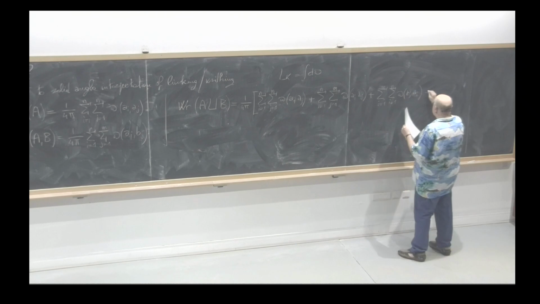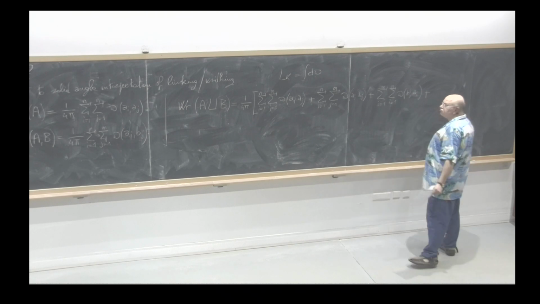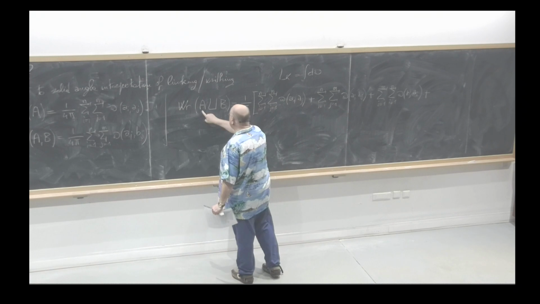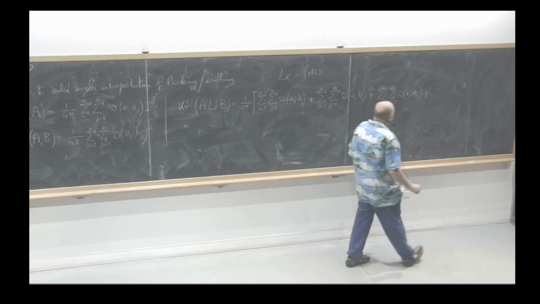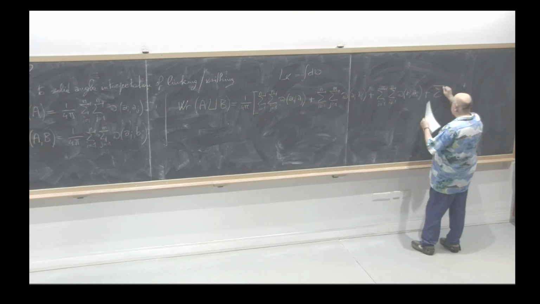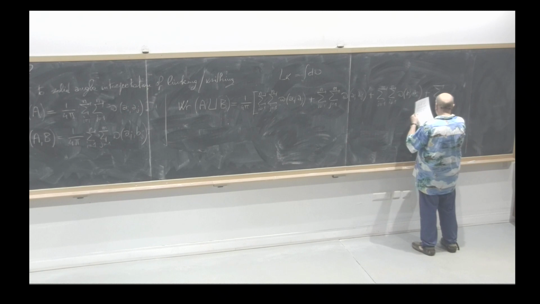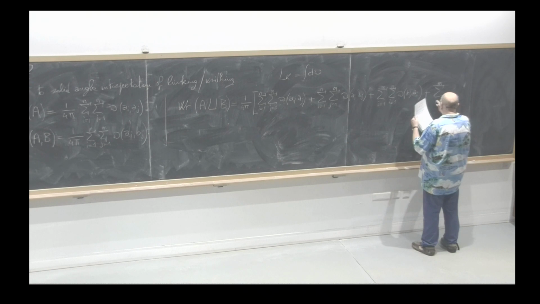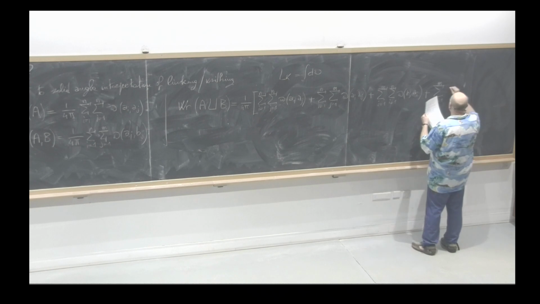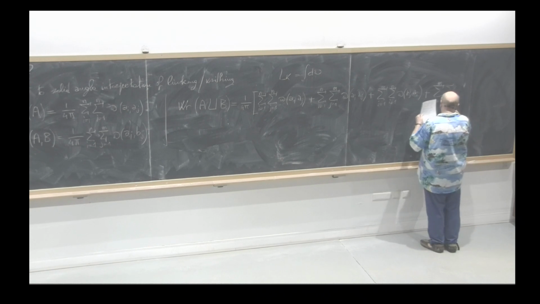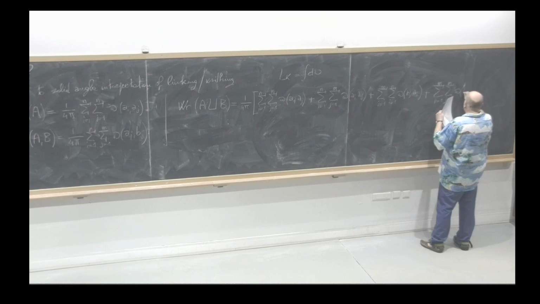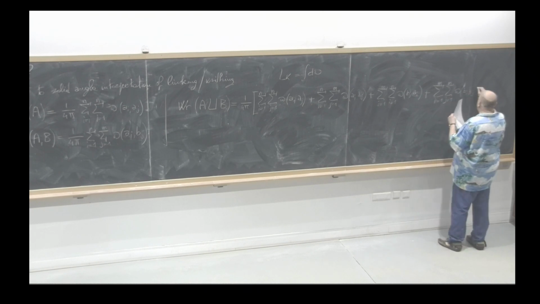And finally, I have again the writhe of B. Here I have the writhe of A, and now I have to count the writhe from the B edges. So this is I from 1 to m, sum J from 1 to m of B_I B_J.